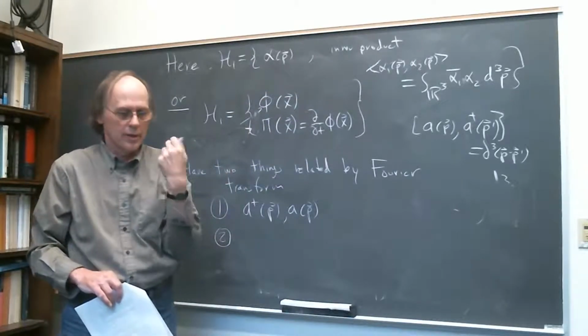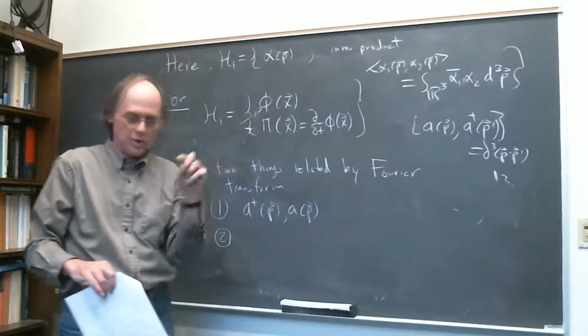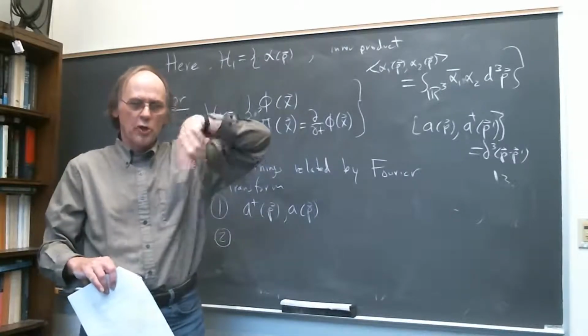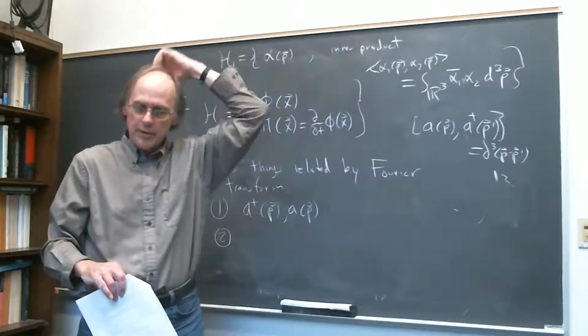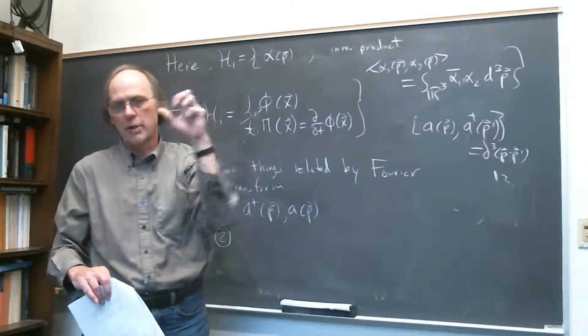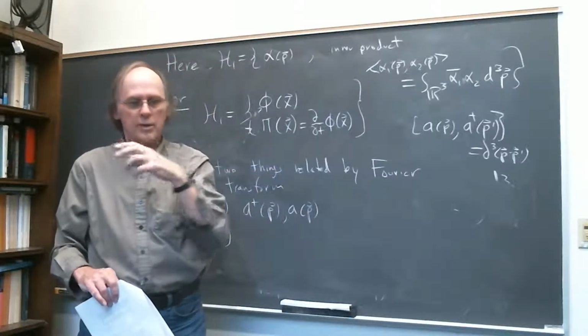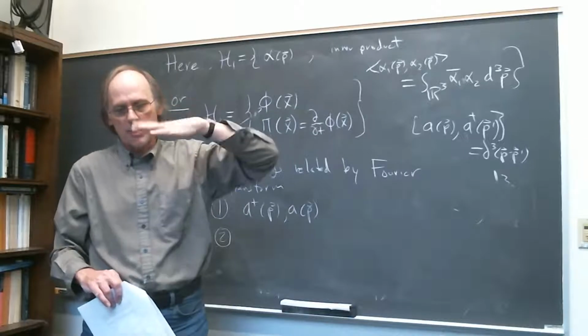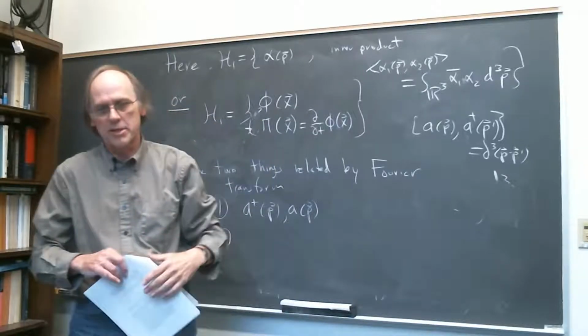I don't really want to talk about what Q of T was in the harmonic oscillator case. I wanted to talk about the operator Q and the operator P, and you could think of those, in the Heisenberg picture, as just what's happening at time 0.